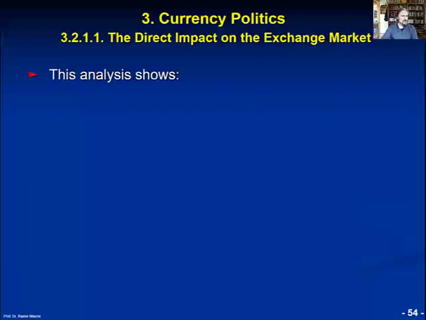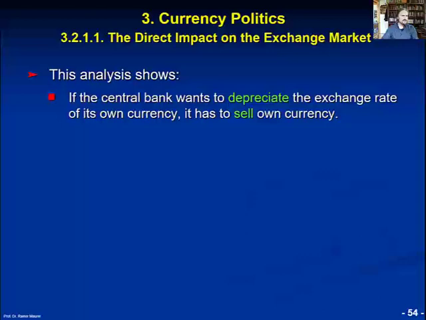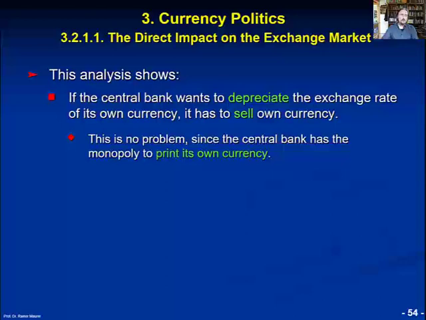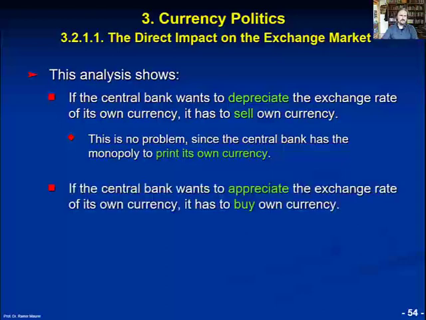This analysis shows if the central bank wants to depreciate the exchange rate of its own currency, it has to sell its own currency. This is no problem, since the central bank has the monopoly to print its own currency. So it can always sell its own currency.